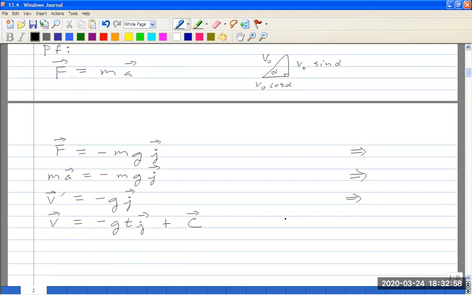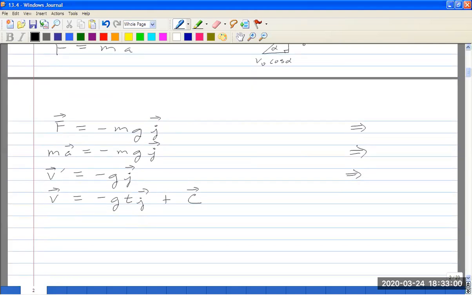And so I have here that v at 0 is, and maybe I'll do it with components, v0 cosine alpha i plus v0 sine alpha j.